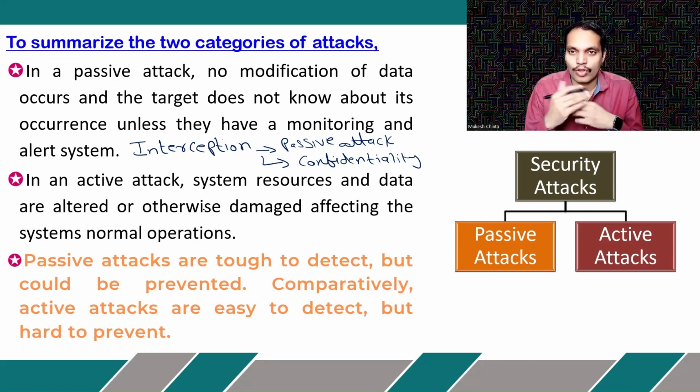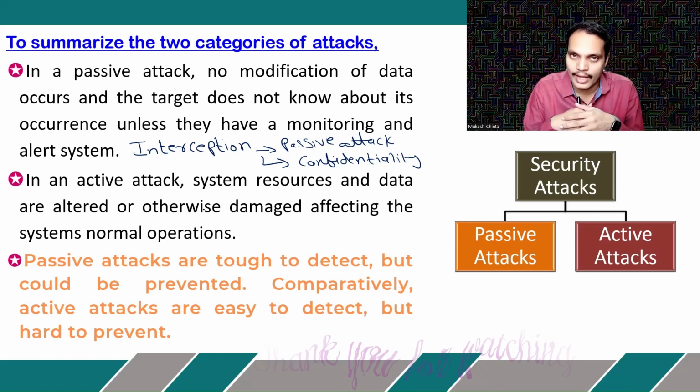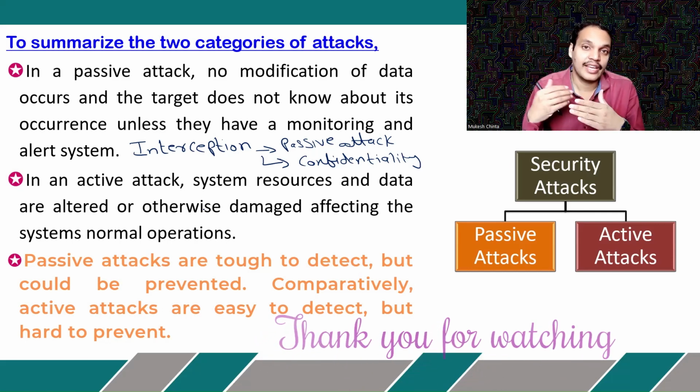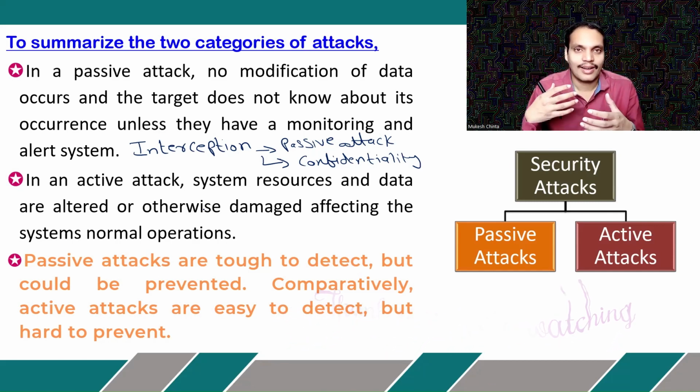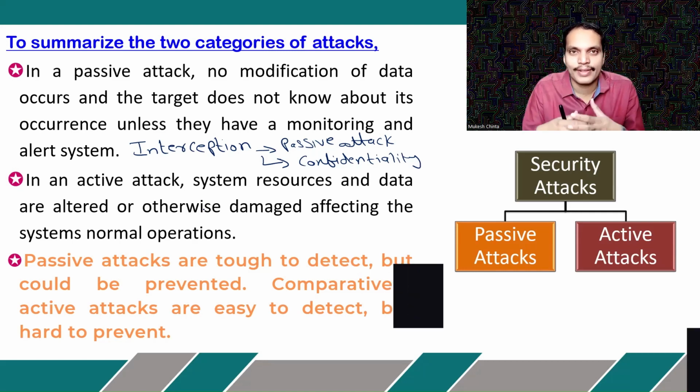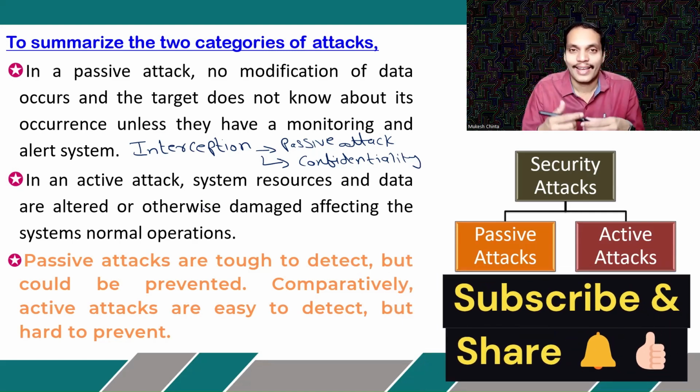An active attack, on the contrary, involves modification of the messages, might damage the resources or alter the sequence of messages, which makes it easier to detect. Passive attacks, though difficult to detect, can be prevented by implementing certain security mechanisms. Active attacks are easy to detect but difficult to prevent, because day to day the sophistication of attacks performed by cyber criminals is on the rise.